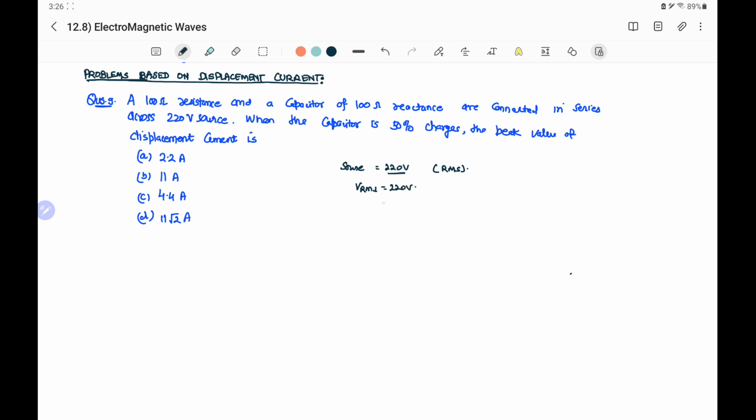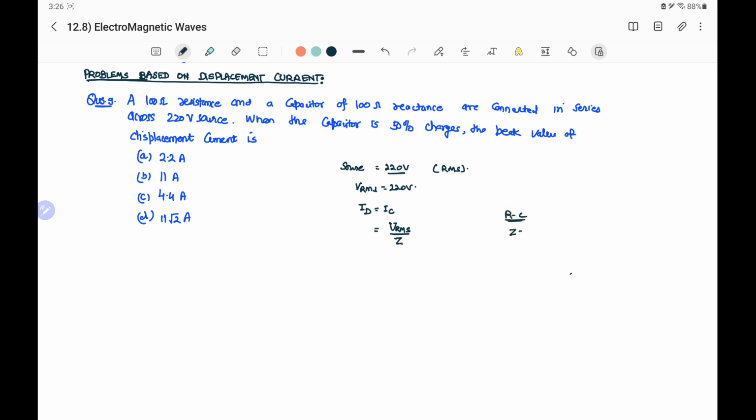And we know that in a circuit having a capacitor, displacement current will be equal to the conduction current, and it will be equal to Vrms divided by the impedance of the circuit. The circuit contains a resistor and a capacitor.